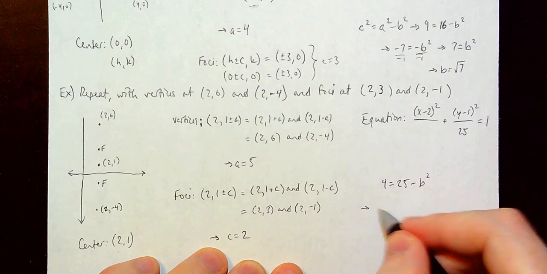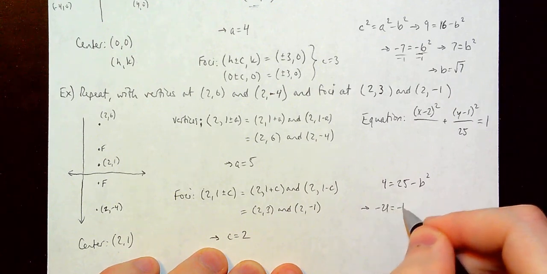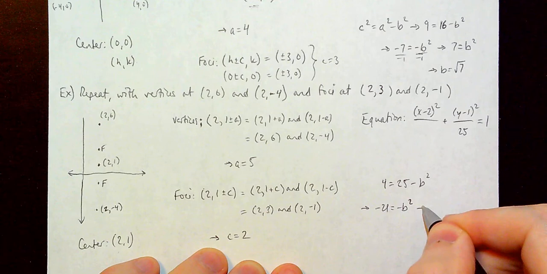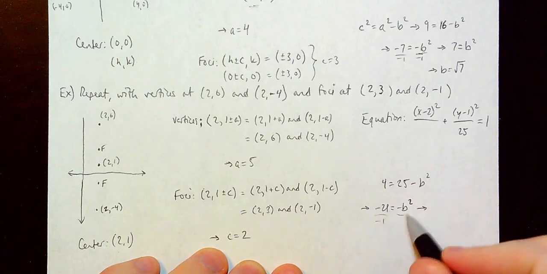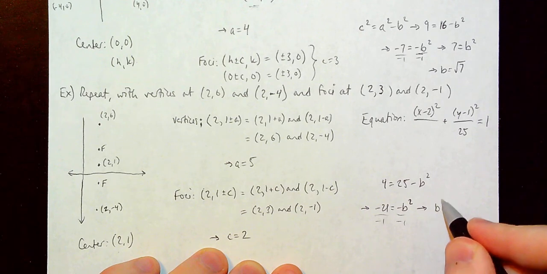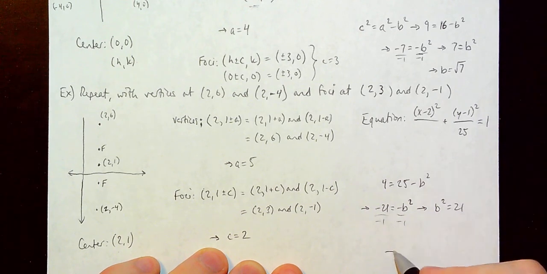Subtract the 25 from both sides. Negative 21 is equal to minus B squared. Divide both sides by the negative 1. B squared is equal to 21. And then take the square root. B is equal to the square root of 21.